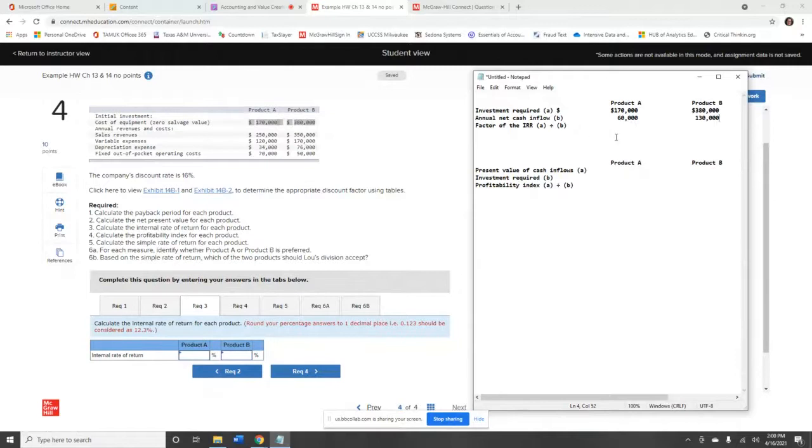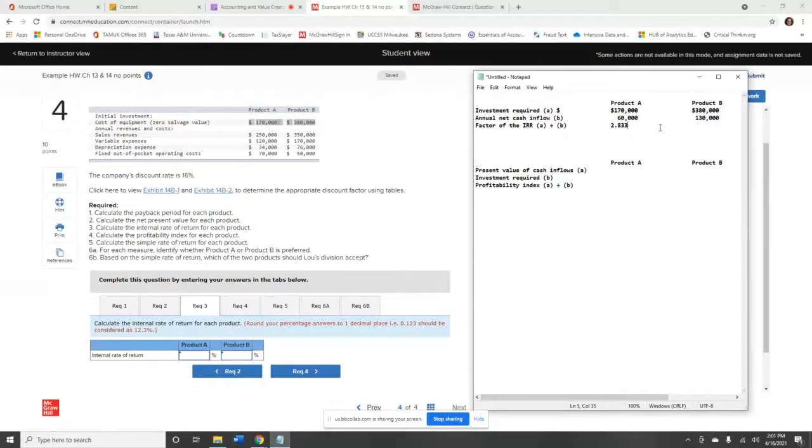All right, now we have to figure out our factor. It's pretty easy. We take the investment and divide it by the cash flow, and we come up with a number. So 170,000 divided by 60,000 is equal to 2.83.